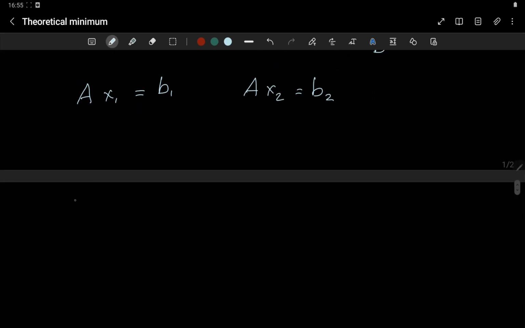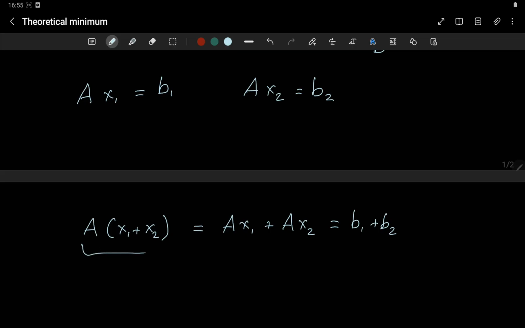Now A times x1 plus x2 is equal to A x1 plus A x2, which is b1 plus b2. So if I give this, I'm getting the sum of the two solutions, right? So the superposition is working.